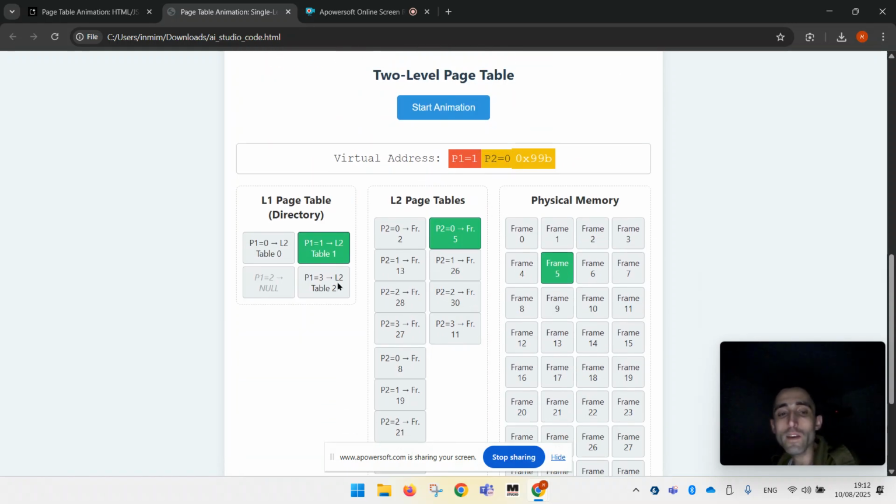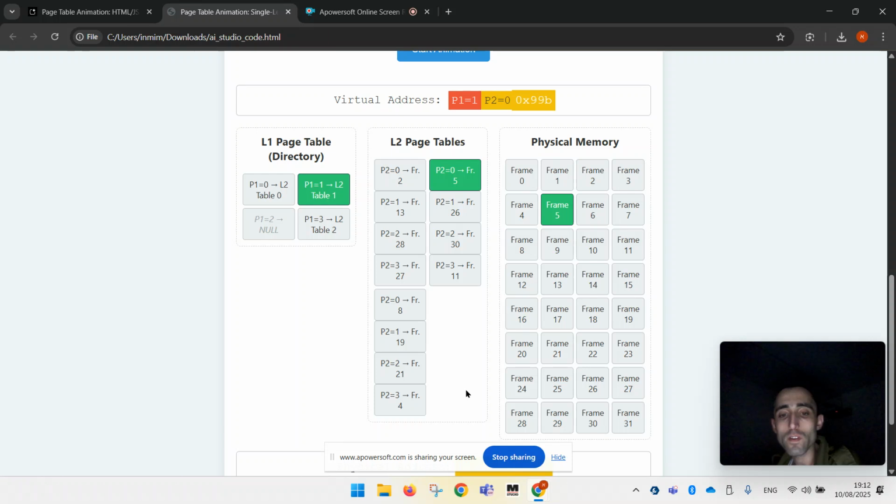Okay, so you can see that I have null over here, because if a sub table, let's call it inside tables and outside tables, if one of the inside tables is just 0, I don't use it, so I can put an X on it and by that save memory.